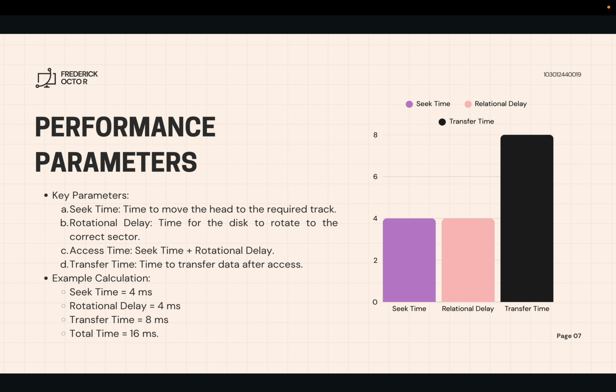The third one is access time, the sum of seek time and rotational delay. The last one is transfer time, the time it takes to transfer data once it's accessed. For example, if the seek time is 4 milliseconds, the rotational delay is 4 milliseconds, and the transfer time is 8 milliseconds, the total time will be 16 milliseconds.